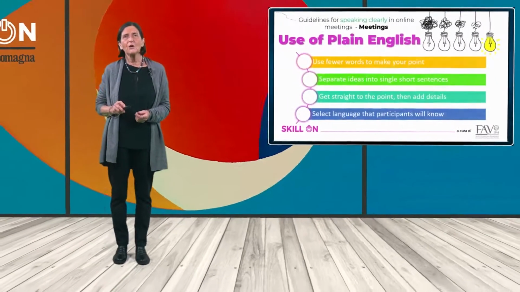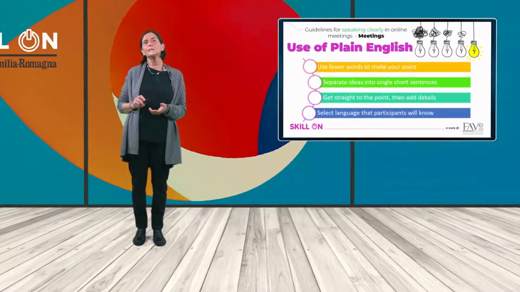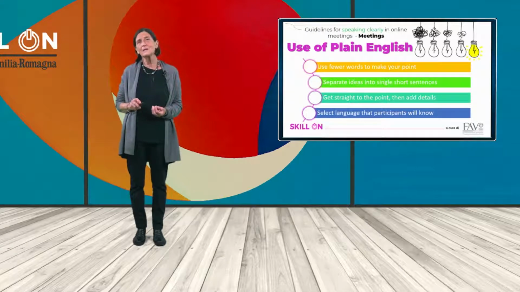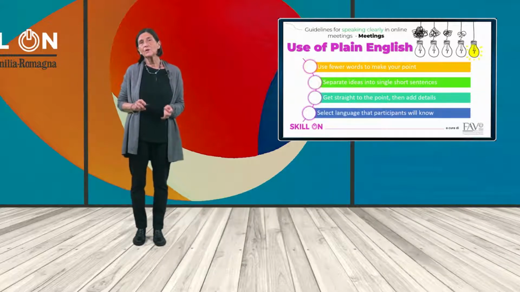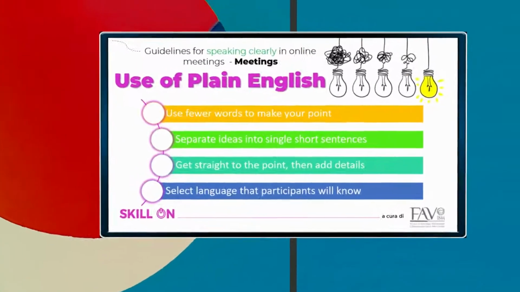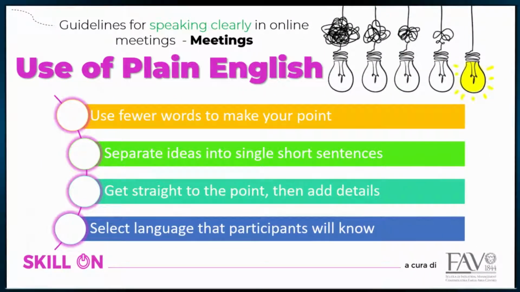Another aspect of participating in online meetings in relation to speaking clearly, I recommend you think carefully about the use of plain English. We've looked at this before, but in this context, in meetings, if possible, use fewer words, a smaller number of words to make your point, to express your idea.